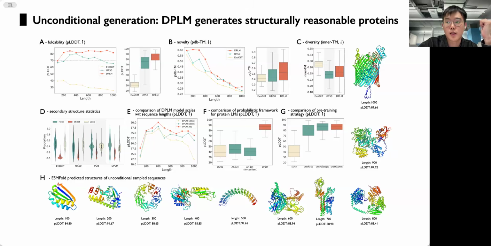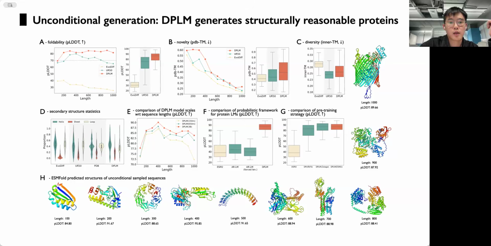Length generalization, or length extrapolation, is a very hot topic in large language models, and maybe we can adopt this kind of length extension work from language models into our model, to make our model generate better for long proteins.